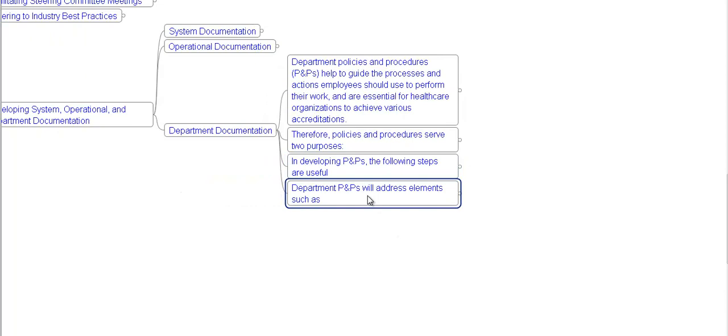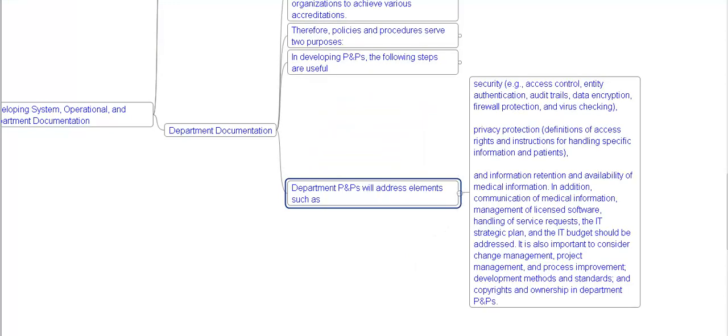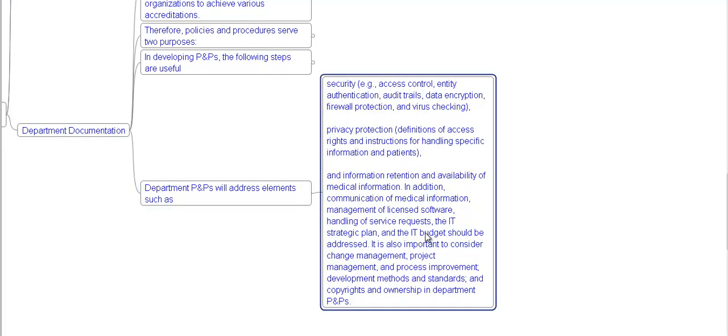Departmental policy and procedure will address elements such as security, for example, access control, entity authentication, audit trail, data encryption, firewall protection, and virus checking. Privacy protection, definition of access rights, instructions for handling specific information and patients, and information retention and availability of medical information.